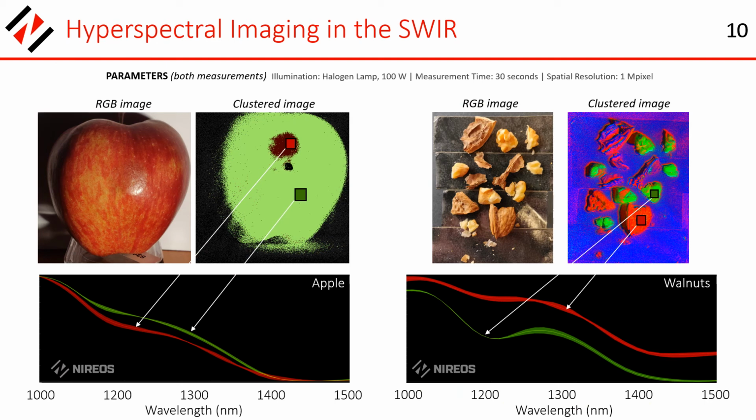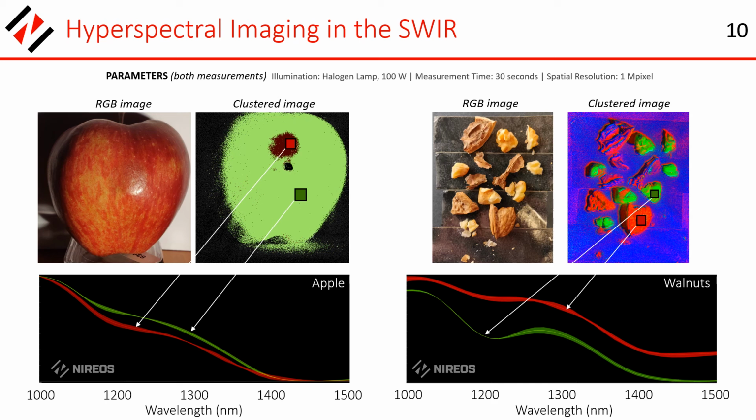To conclude, I would like to show you the first images in the infrared obtained with the first prototype of our SWIR hyperspectral camera. For this, we have decided to apply it to food applications. You can see a measurement of an apple and a measurement of walnuts. In both cases, you can see on the left the RGB image, and on the right the clustered image obtained with the classification algorithm.